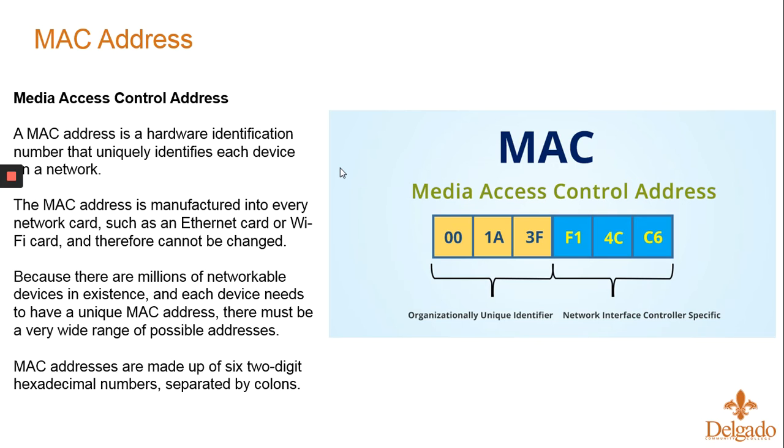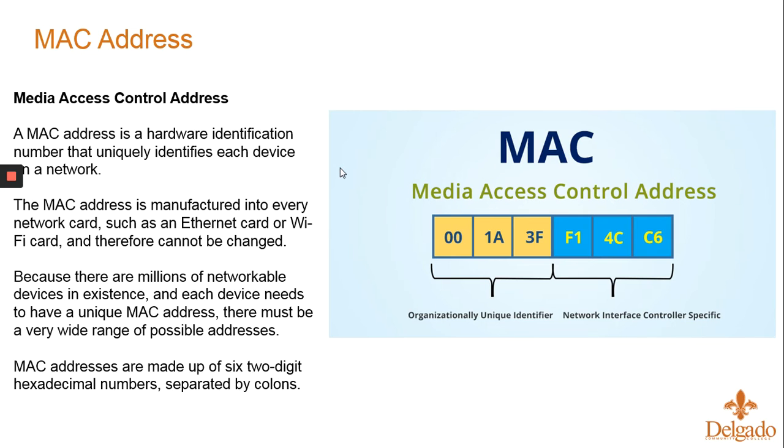Usually the higher bytes, may not be the right term, but the higher side of the address is the organizational identifier, and the lower side of the address is the actual unique interface. For instance, Rockwell Automation would have its own unique organization identifier in the MAC address.